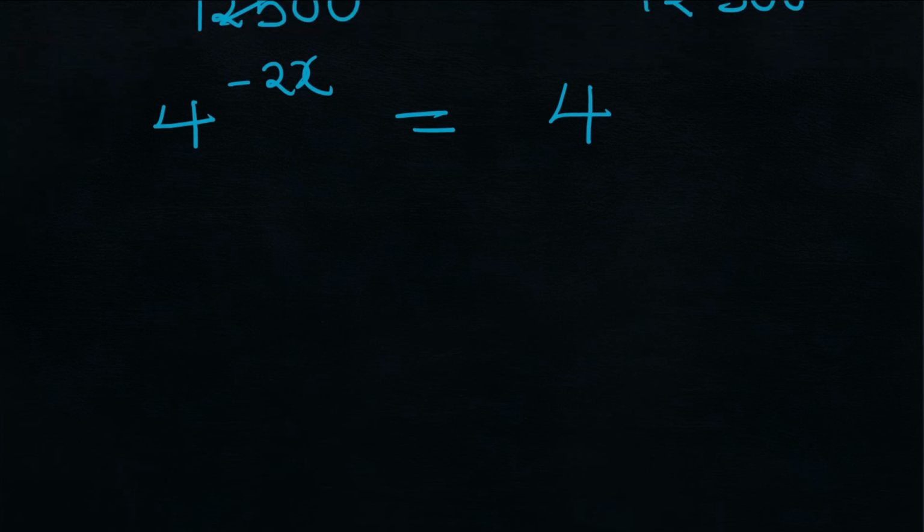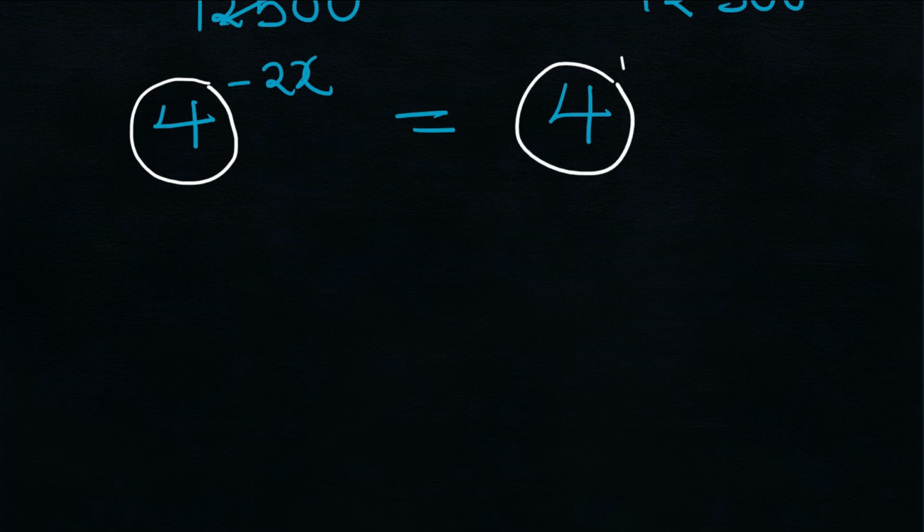So at this stage we are able to see that the base on the left hand side, which is 4, is equal to the base on the right, because this is 4 to the power of 1. We just don't write that because any number to the power of 1 is that number. So the bases are equal.